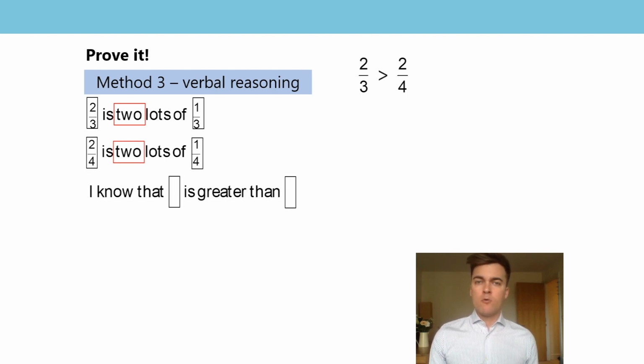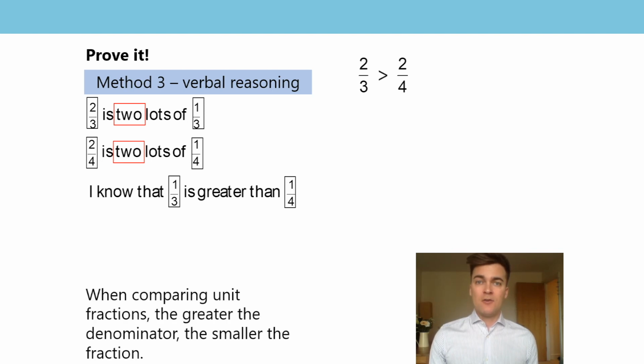Now, we already know, comparing 1/3 and 1/4, that 1/3 is greater than 1/4. We know that because when comparing unit fractions, the greater the denominator, the smaller the fraction.